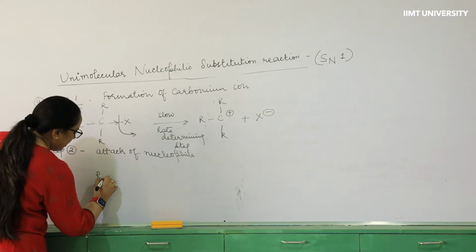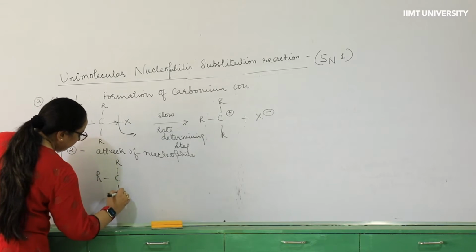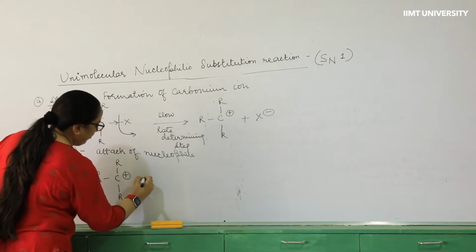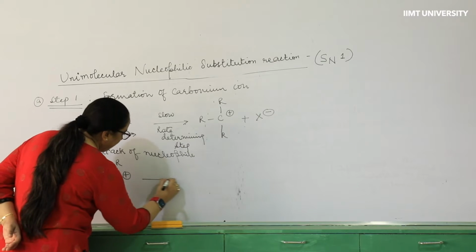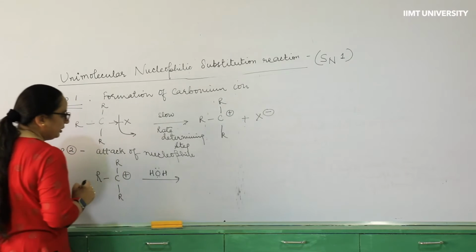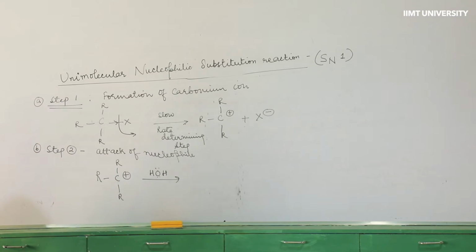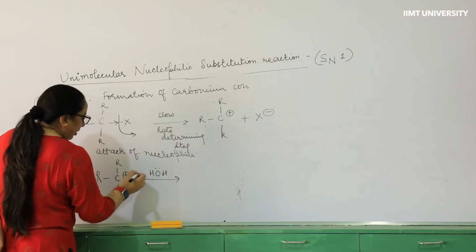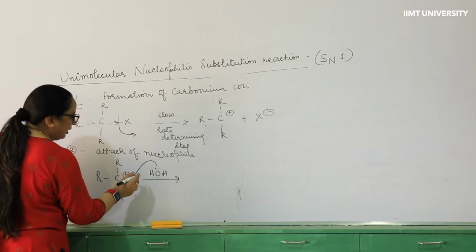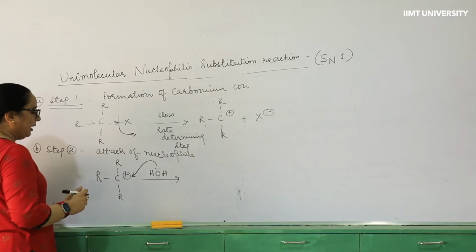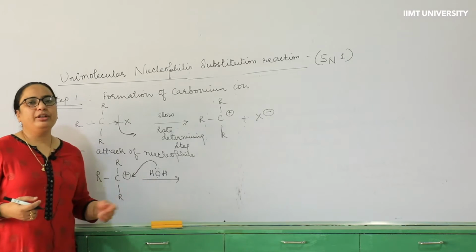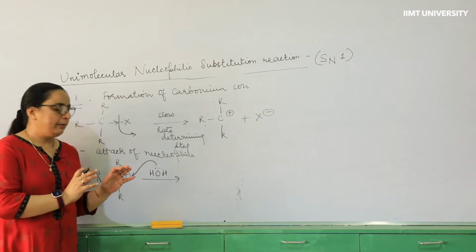So let us take this example. This is the carbonium ion which is formed in the first step. So if it is attacked by water, in water the oxygen has a lone pair of electrons. So this water will get attached to the carbon bearing the positive charge through the oxygen atom, because the carbon is electron wanting and the oxygen has a lone pair of electrons to donate.